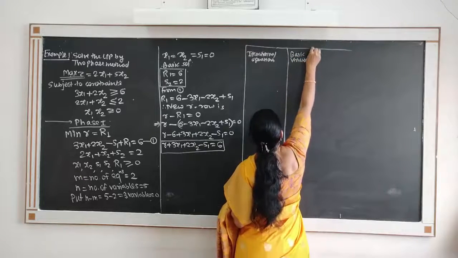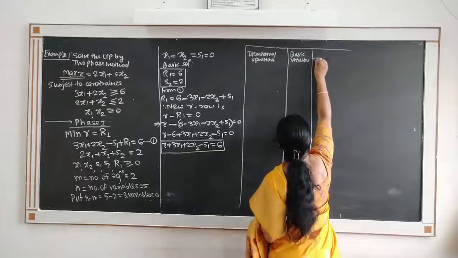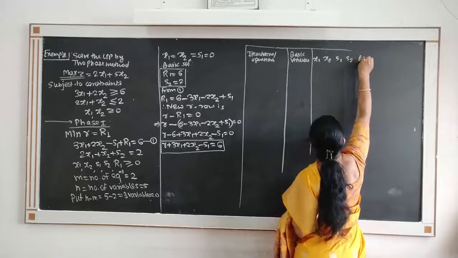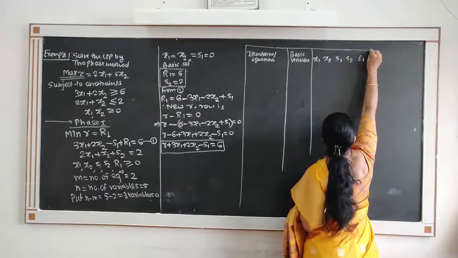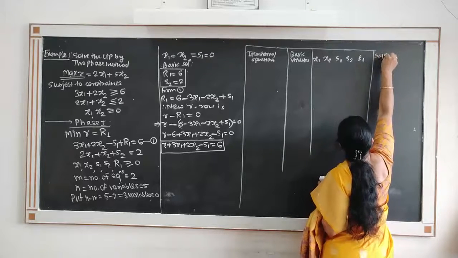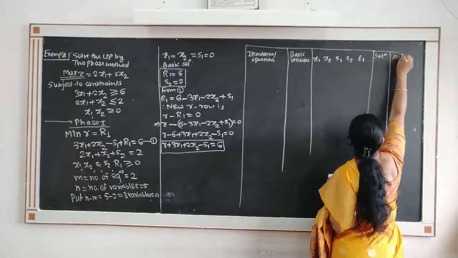Then we write down all variables, that is x1, x2, s1, s2, r1, solution and minimum non-negative ratio.